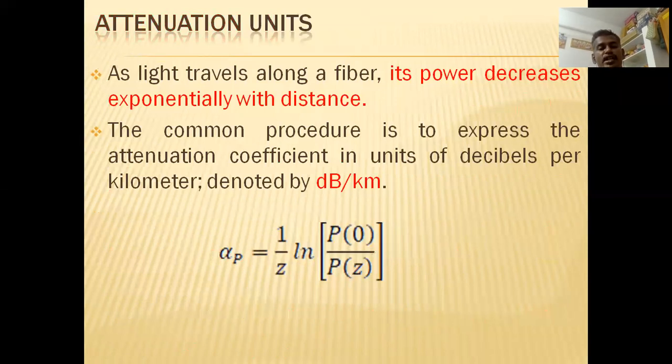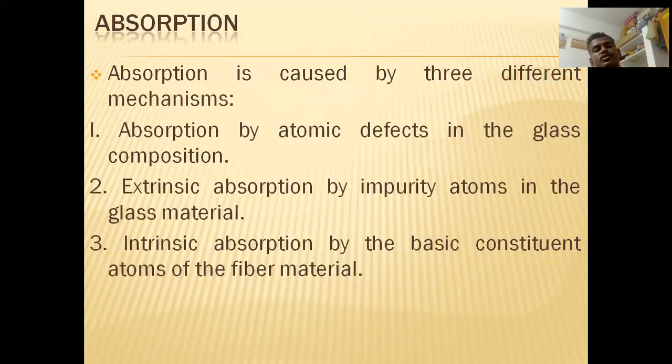Attenuation is simply power decreasing exponentially with distance, and the unit for attenuation is decibel per kilometer.